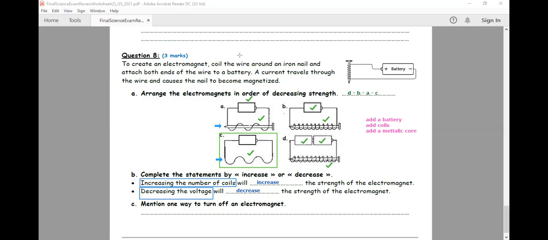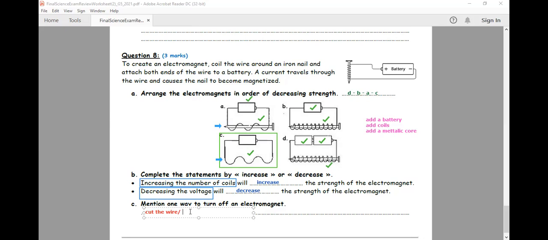We just have the last question. What is one way to turn off an electromagnet? You can cut the wire. Or uncoil it, undo the turns.